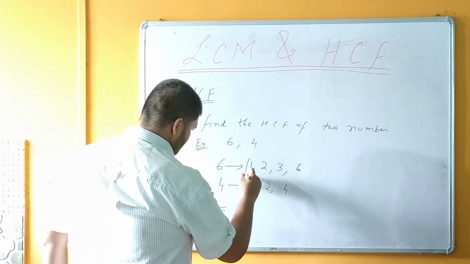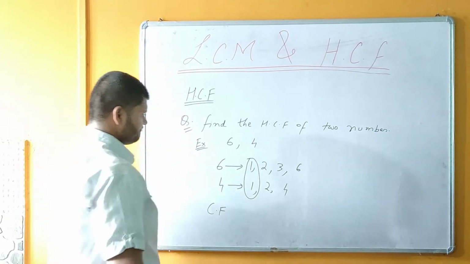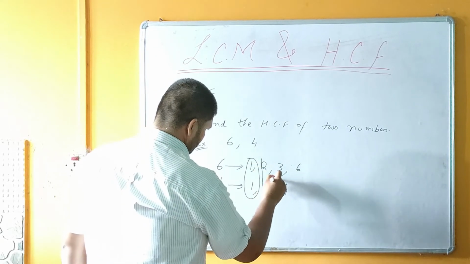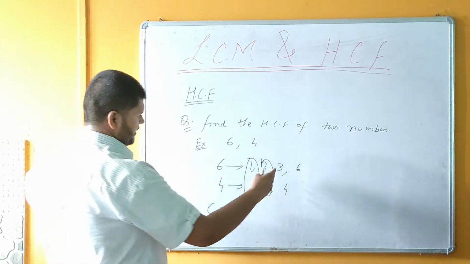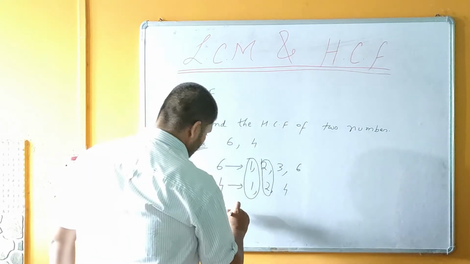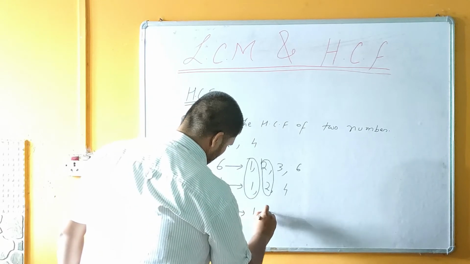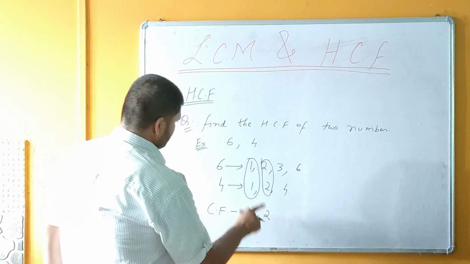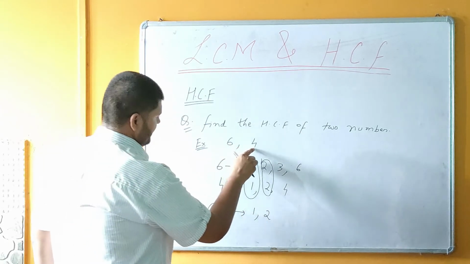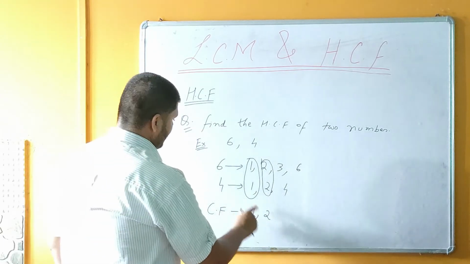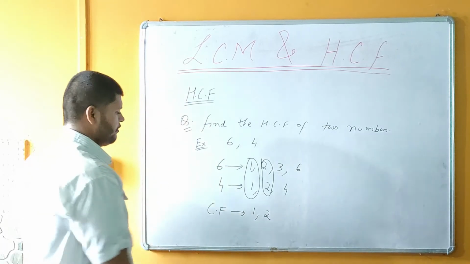The common one is 1, okay, and then you have 2. After that we don't have any other common, so we will write over here 1, 2. So 1 and 2 are the common factors existing between 6 and 4.